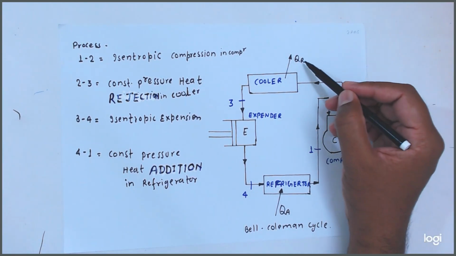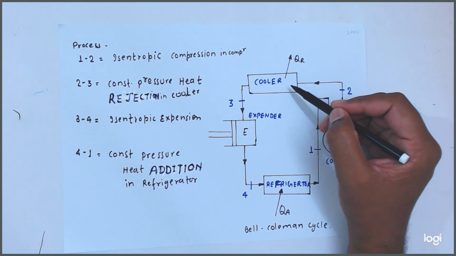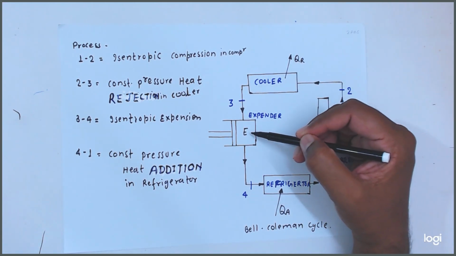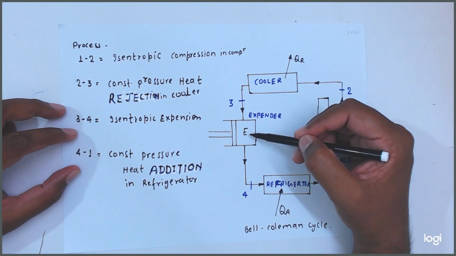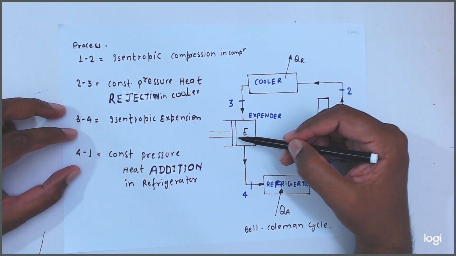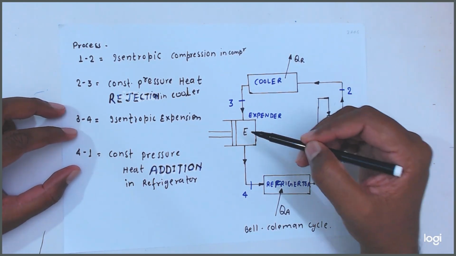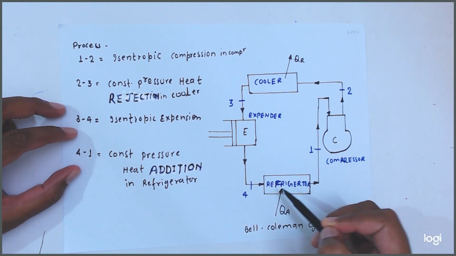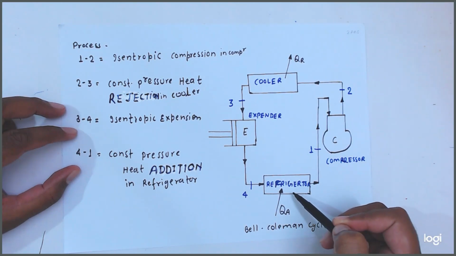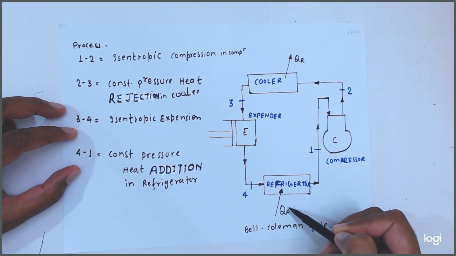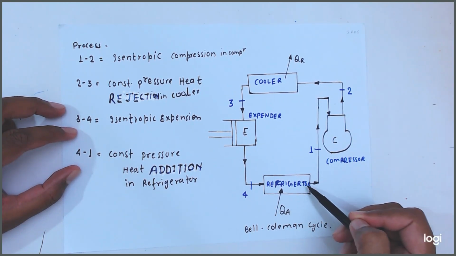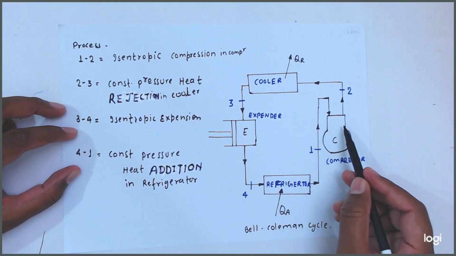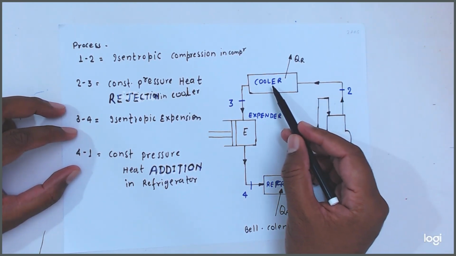So here heat rejection is there. Then it will pass through the expander where the temperature of the air will be very cool. After the expander, when it passes to the refrigerator, it will carry the heat from the refrigerator. So here in this process, heat addition, or Q addition, is there. Then this air will pass to the compressor and then to the cooler.